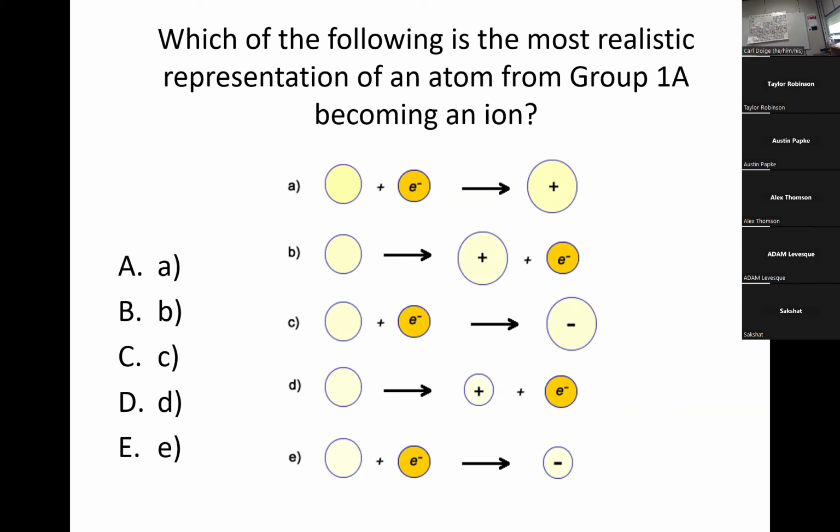I just want to ask folks, so you've got this atom plus an electron. That means gaining an electron. If something gains an electron, what charge does it become? Negative. Good, good. And then also, when an atom becomes a cation, what happens to the size?